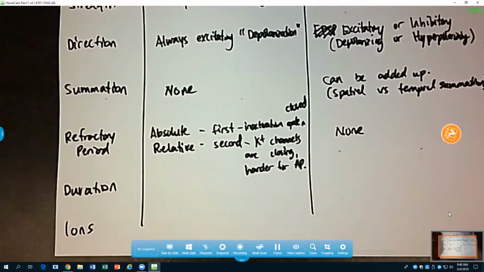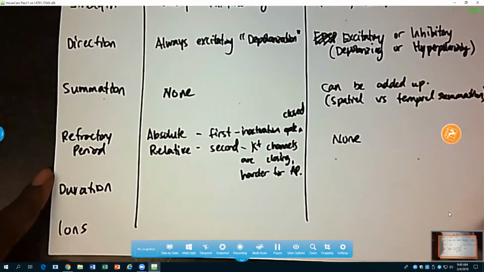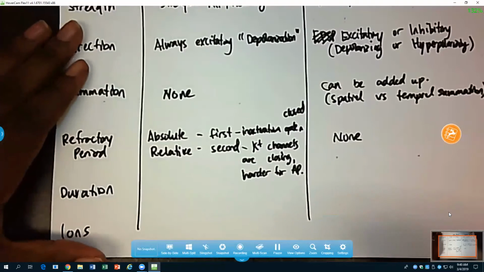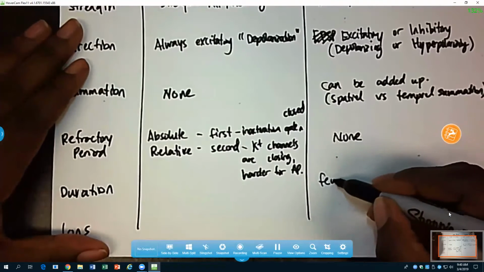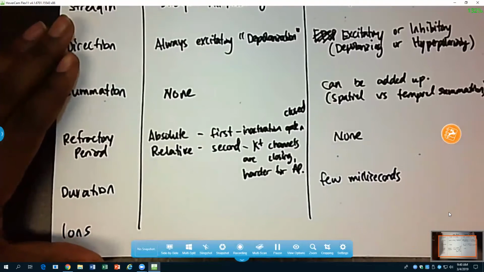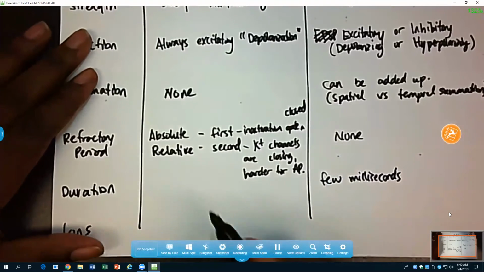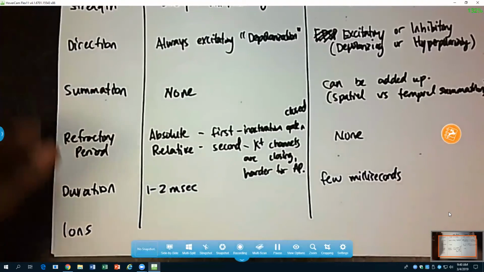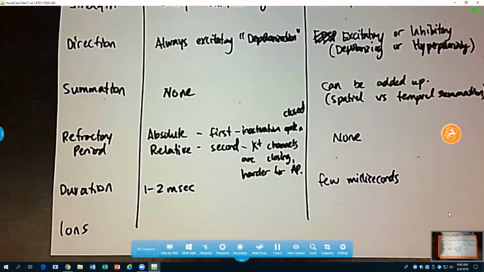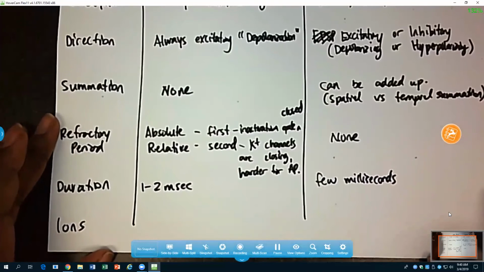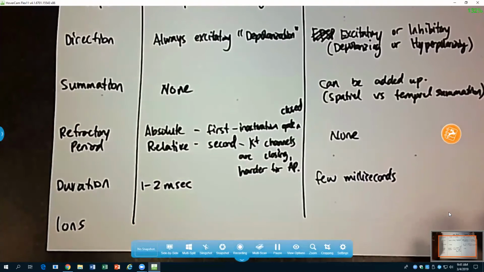All right, the last two categories here are the duration and the ion movement. So we know the duration of a graded potential is much more brief, so we'll say a few milliseconds. They don't maintain for very long, whereas action potentials are about 1 to 2 milliseconds. And then what about the ion movements? Which ions are moving? What are the main ions moving for an action potential?